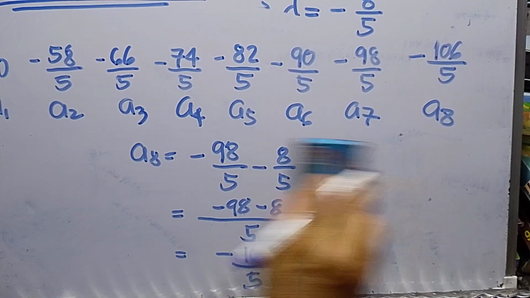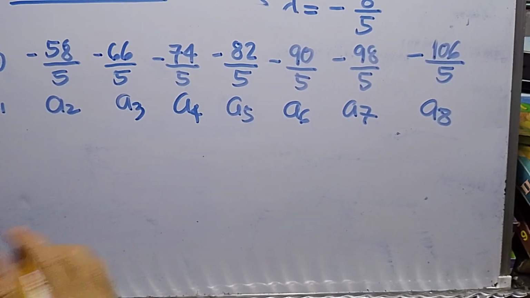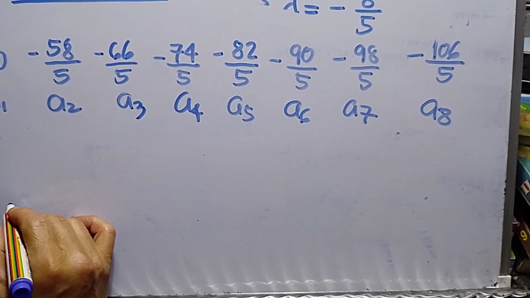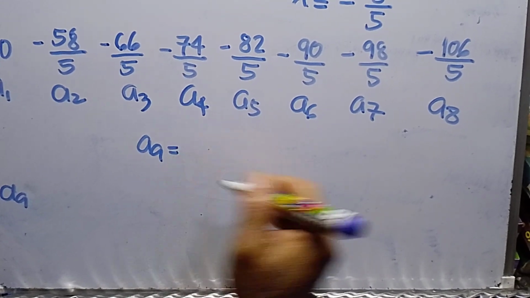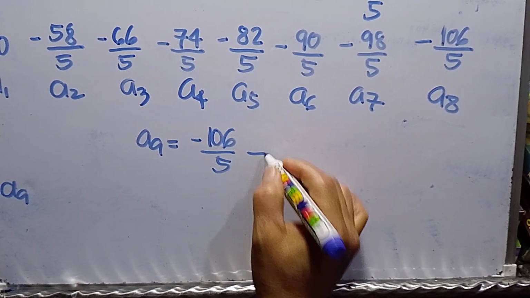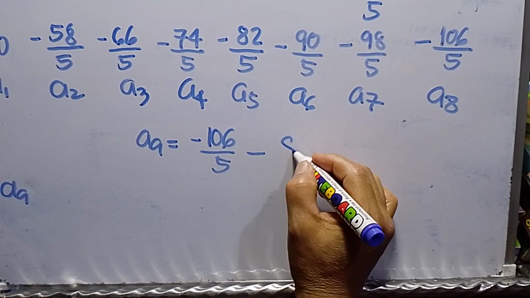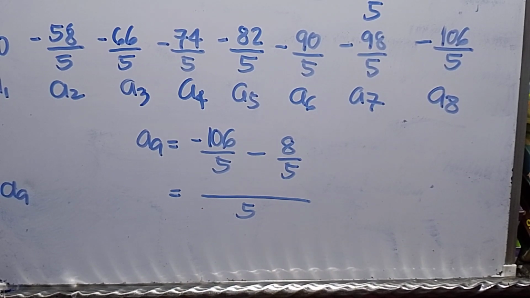Okay, so almost to finish. So A sub 9. A sub 9 is equal to A sub 8, negative 106 over 5 minus 8 over 5. So, common denominator is 5.